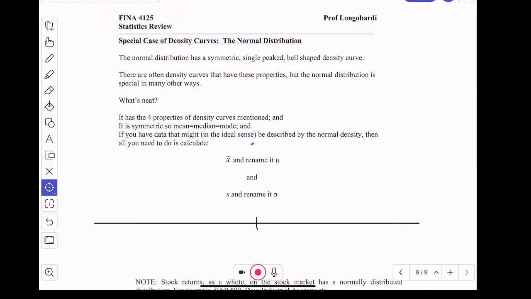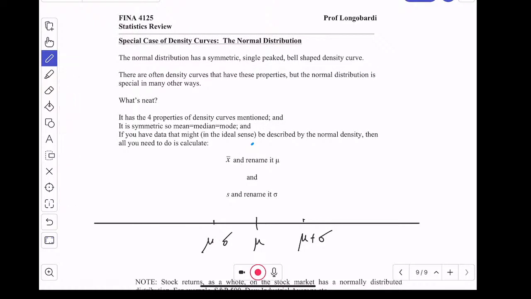So I'm going to assume normality and let the mean x bar be the population mean, and I'm going to use s, the sample standard deviation, as the standard deviation of the population. And then, just like we did for the other symmetric distribution, I'm going to add one standard deviation and take away one standard deviation and say most of my data should be within one standard deviation.